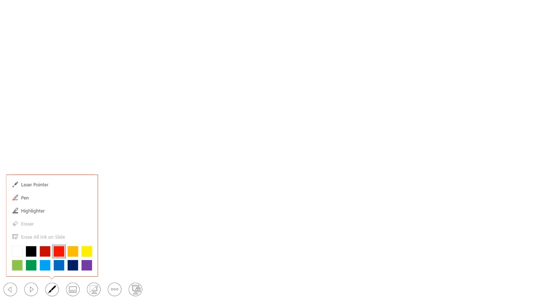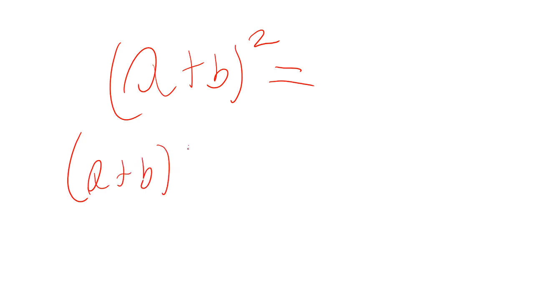Now, let's look at something different. I want you to go ahead and expand (a plus b) squared. See what you get. Now, this is just (a plus b) multiplied by (a plus b). Let's expand our binomials.